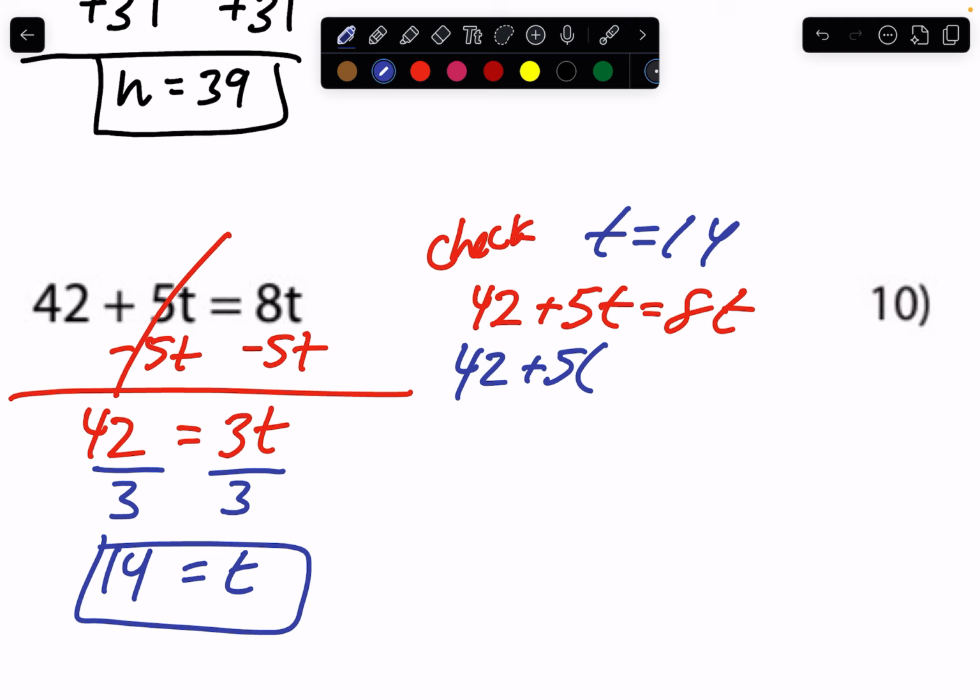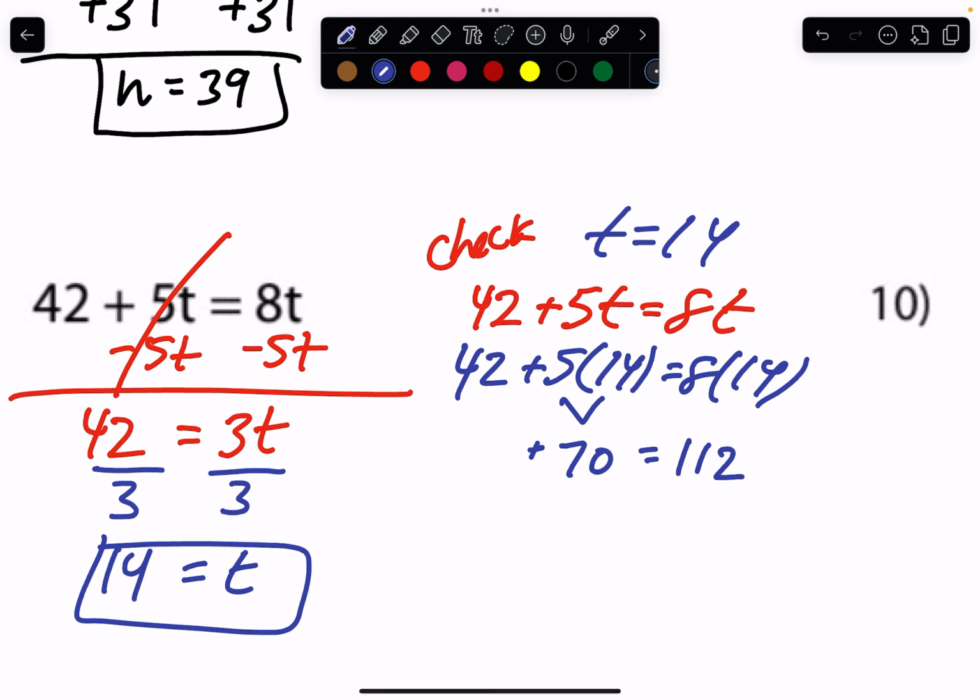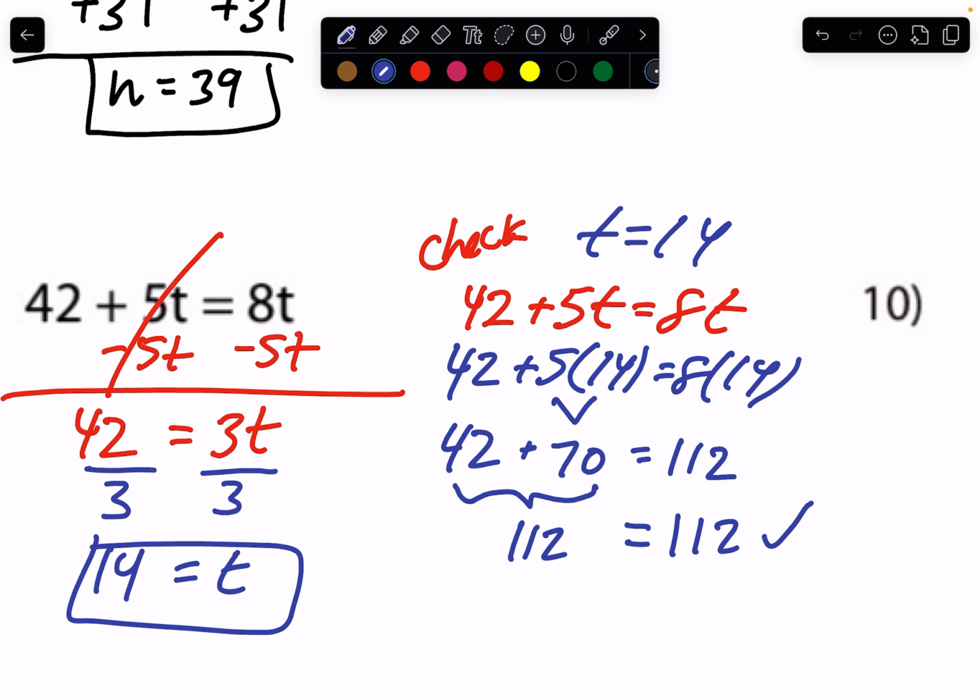Using order of operations, 14 times 5 gives me 70. 14 times 8 gives me 112. So 42 plus 70 is in fact 112, and therefore my answer is right.